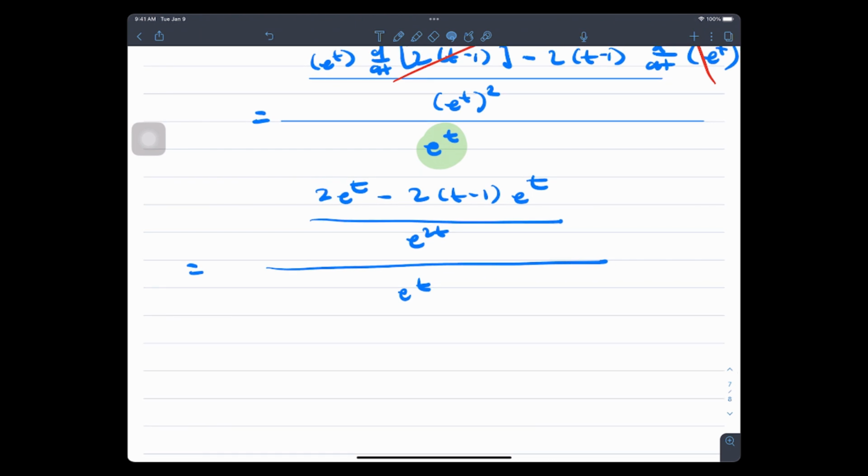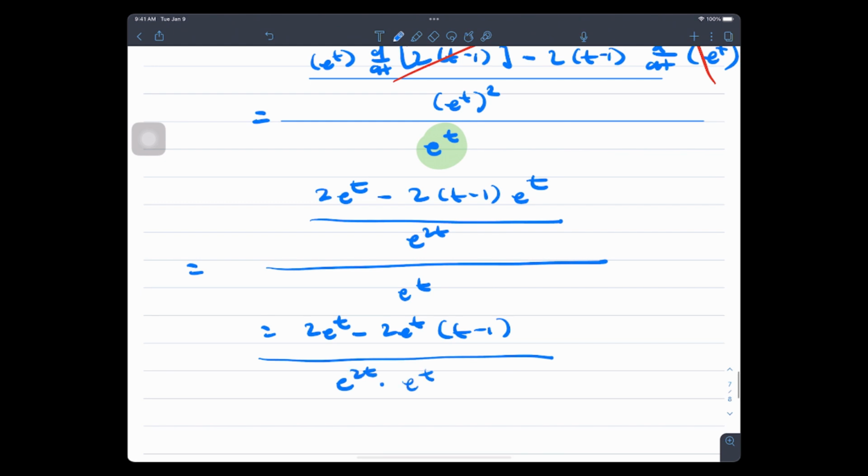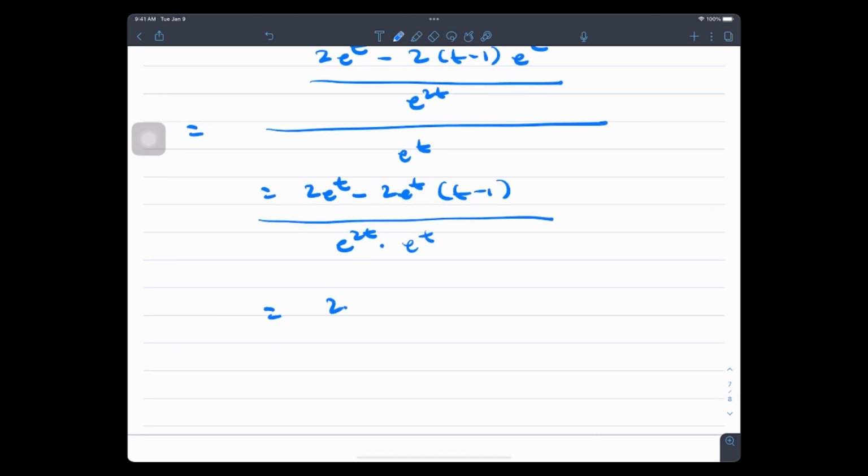And then this becomes 2e to the t minus 2e to the t again, but this time (t minus 1) over e to the 2t times e to the t. 2e to the t, I guess I can factor that out. We have 1 minus (t minus 1) over e to the 2t times e to the t.